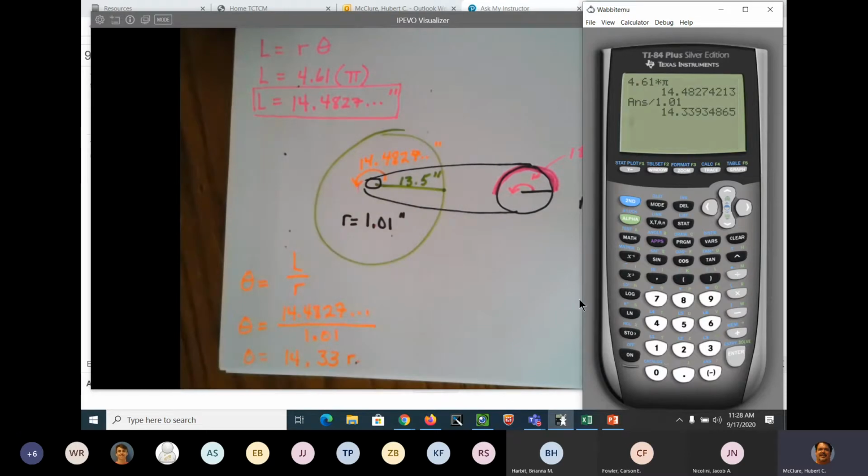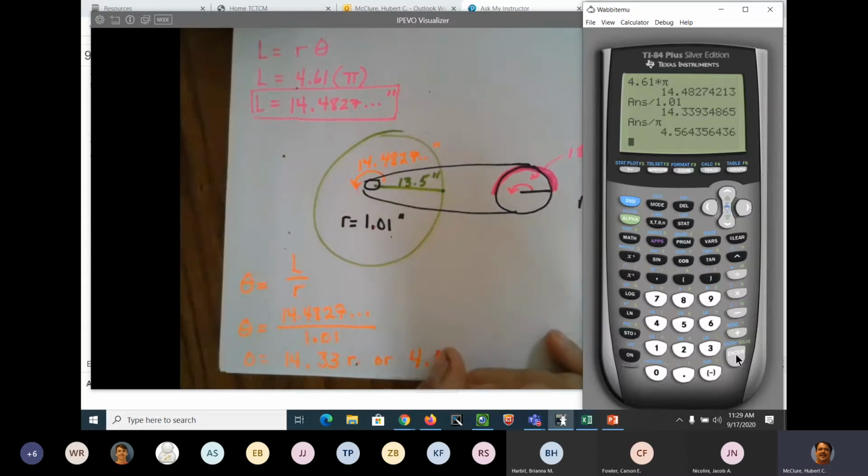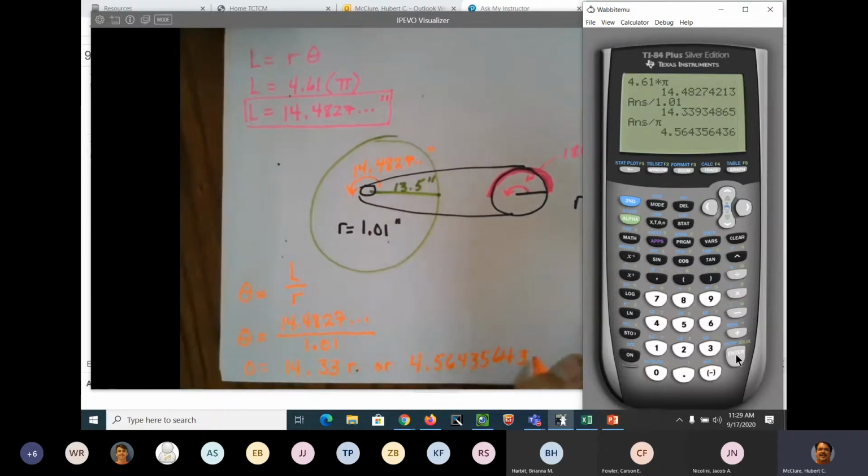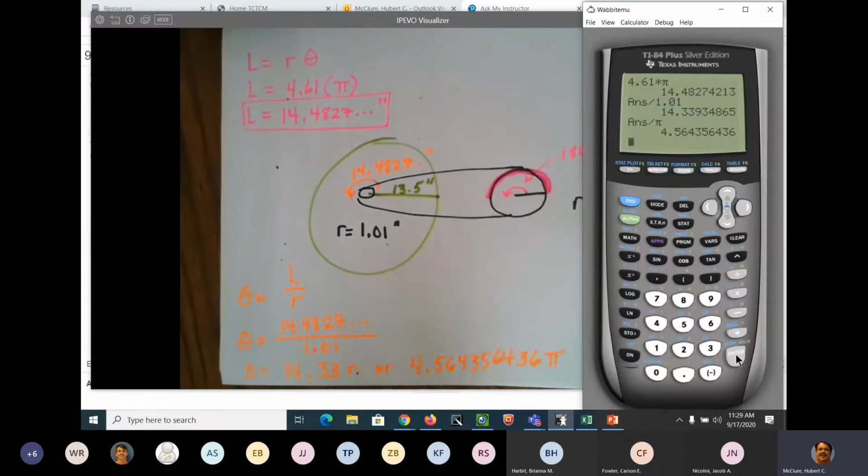So I'm going to divide that by pi, which is 4.564356 pi. Now, if I wanted to, I'm going to have to multiply that by 180, and that's going to give me 821 degrees.